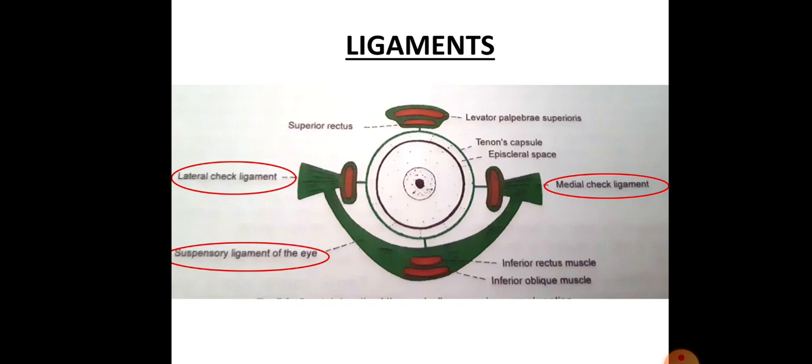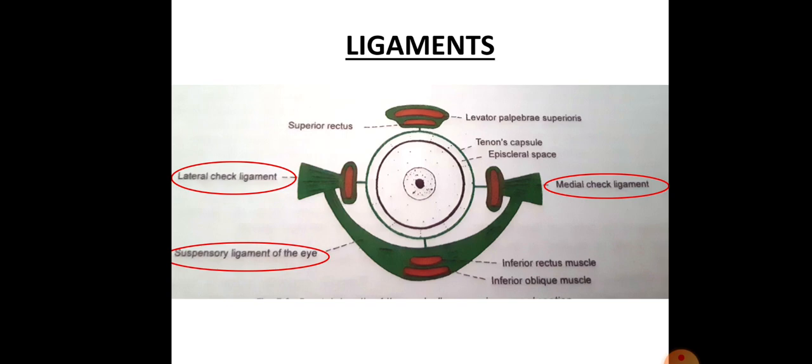These are called medial and lateral check ligaments. The medial check ligament extends from the sheath of medial rectus and attached to the lacrimal bone. The lateral check ligament extends from the tubular sheath around the lateral rectus and attaches to the zygomatic bone laterally.